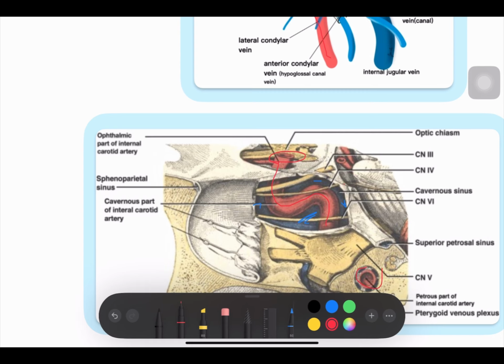This is the petrous part of the carotid artery, and it turns and enters the carotid canal, pierces the cavernous sinus, and turns again, which is the cavernous part of the internal carotid artery. This part is the cavernous part of the internal carotid artery, and then it comes out to form the cerebral circulation, which gives the cerebral carotid artery.